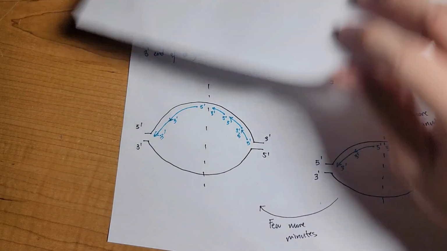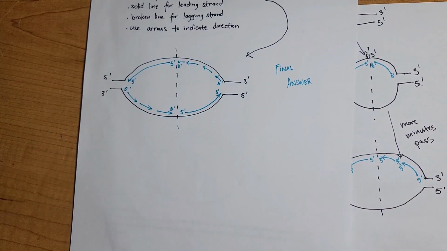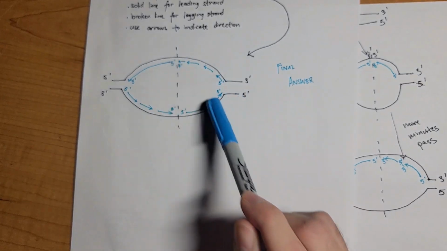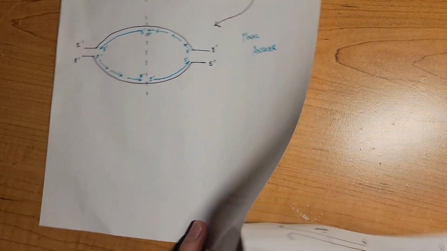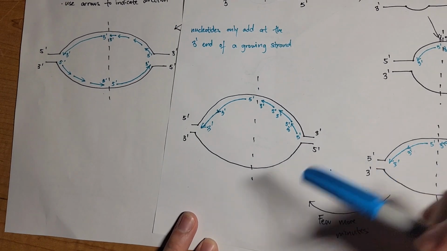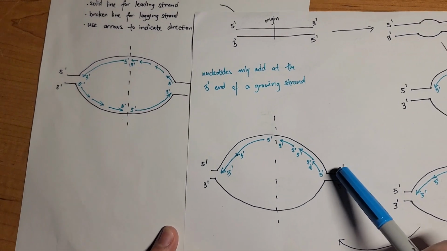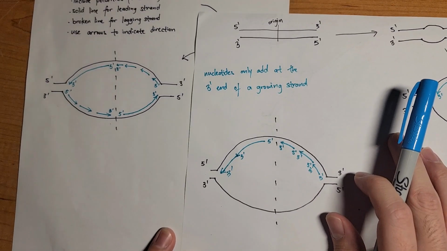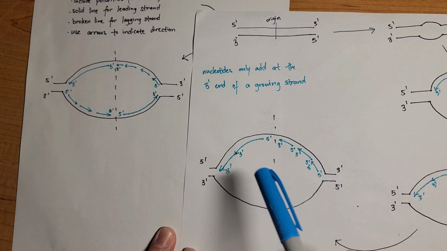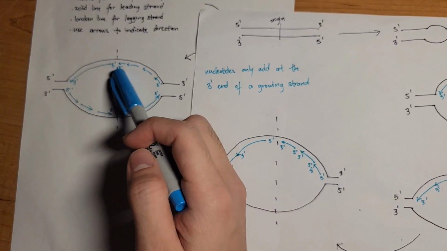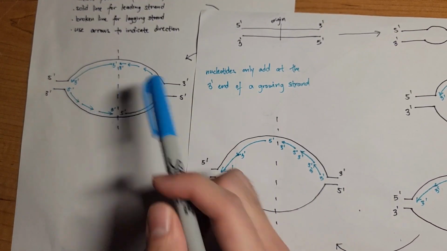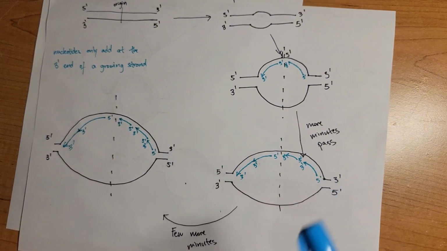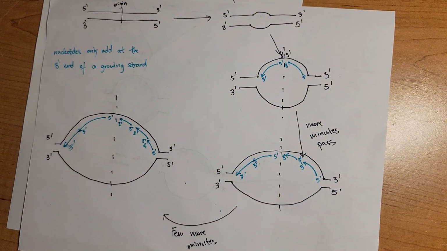So if you compare it to our final answer over here, you see how we have lagging strands, same way as the way we did it. We have lagging strand on this way, and leading strand on this way, leading strand on this way, and lagging strand on this way.